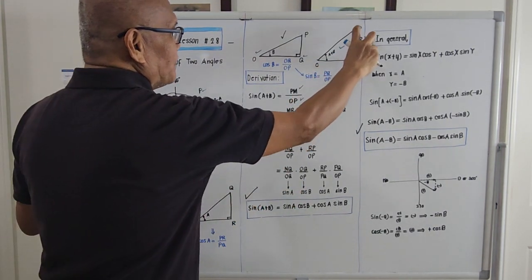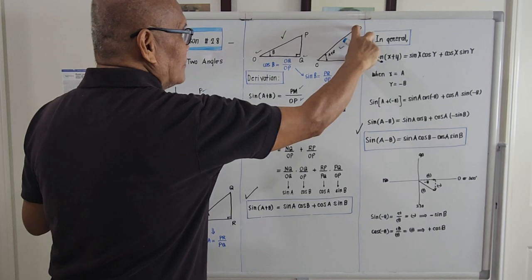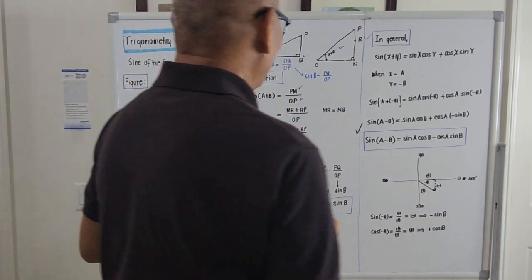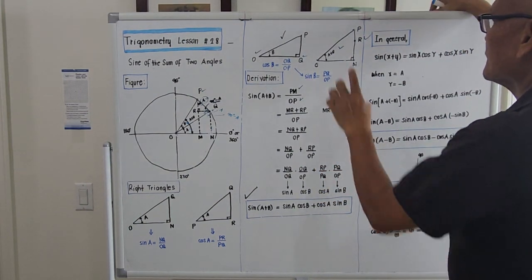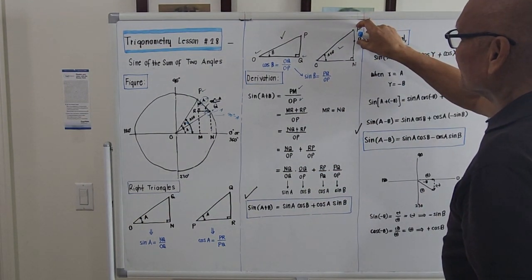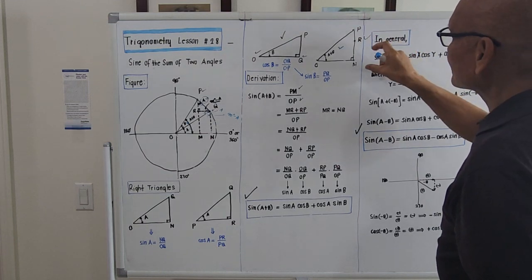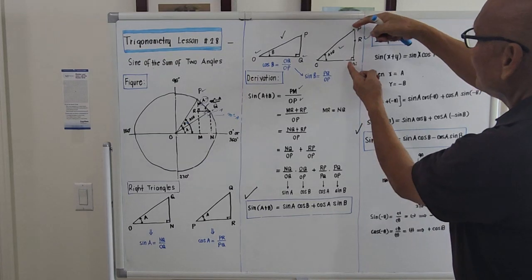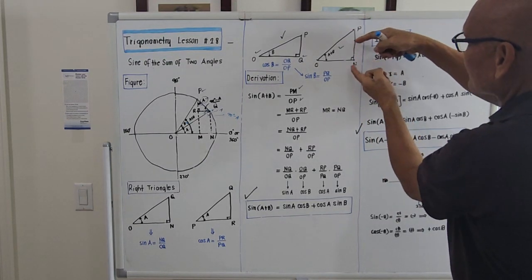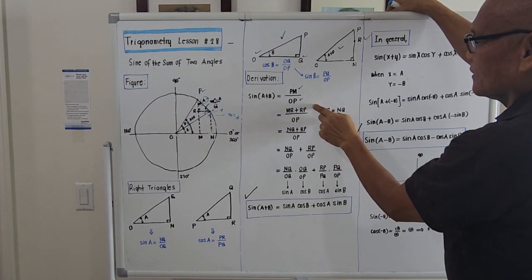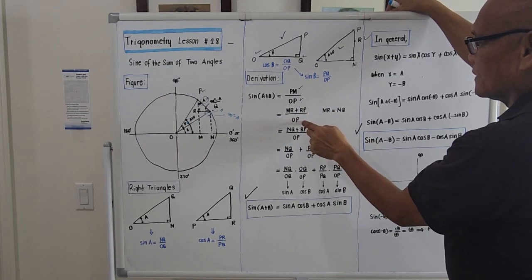It should be PM over OP. But from the given figure, PM is actually the sum of PR plus MR. This length here should be equal to this plus this. So it is actually MR plus RP, all over the same OP.